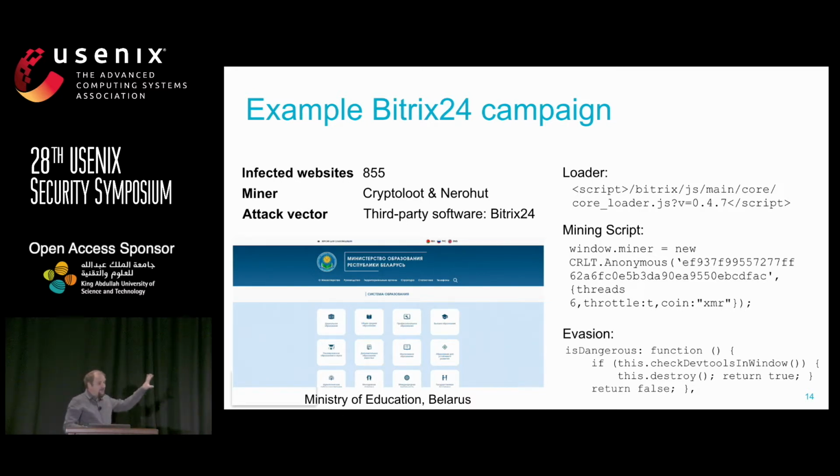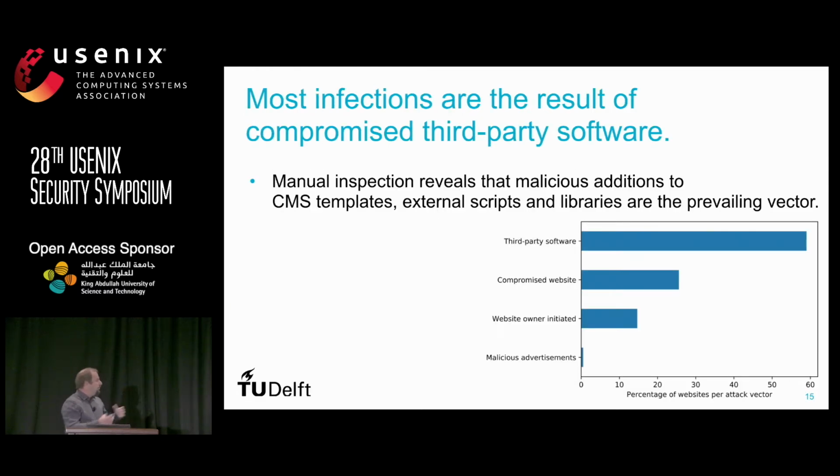So we analyzed all of these campaigns manually, and we also had our tool chain that was now taking them apart and understanding where the call graph came from and how the stack trace looked and what actually happened. And when you look at this in a bigger scheme, you see that most of these infections are coming from third-party compromises. So these are compromised content management system templates. So somebody downloads a template for WordPress, and there's a miner embedded.